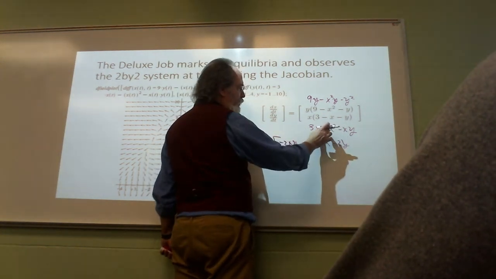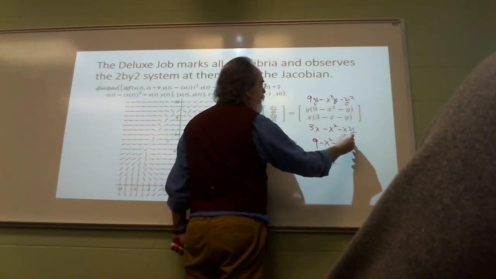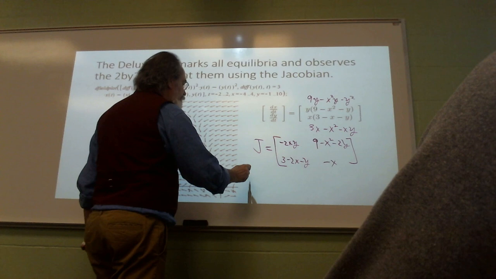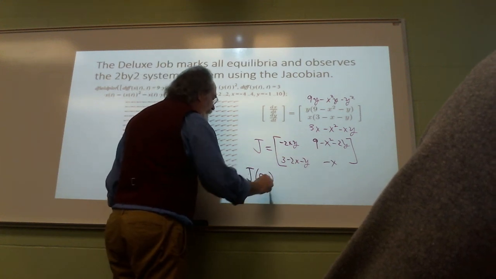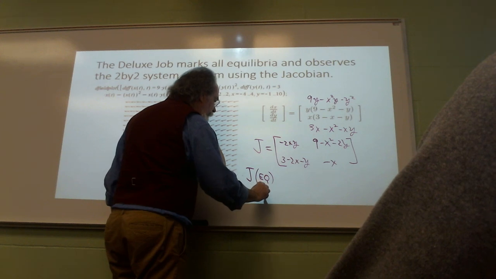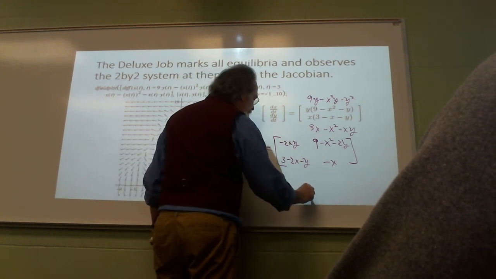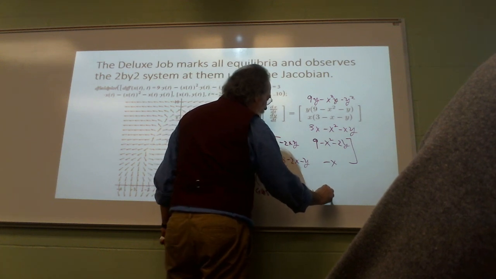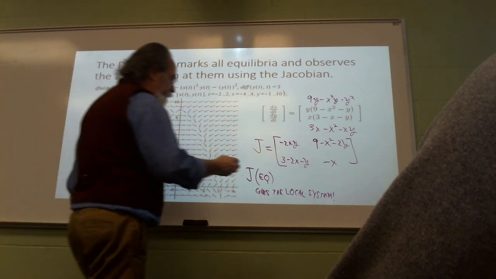And when I do the partial with respect to y, only minus x survives. So there's the Jacobian. The Jacobian at an equilibrium gives the system, the local system. How cool is that?